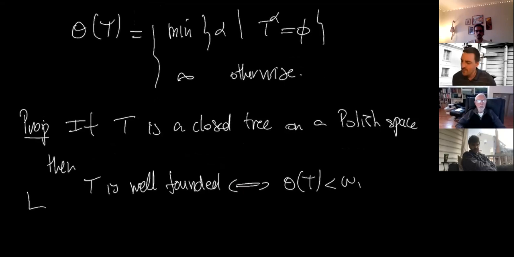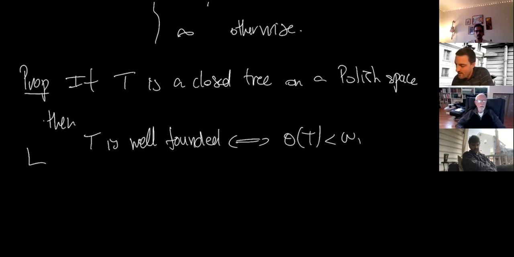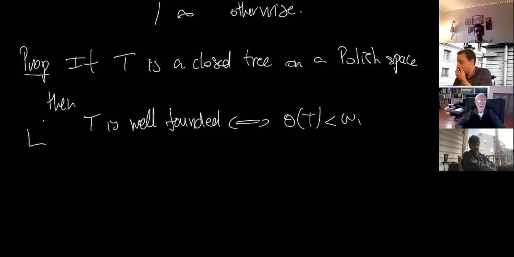Here closed refers to the product topology on the set of finite sequences. So this is going to be extremely important for us.